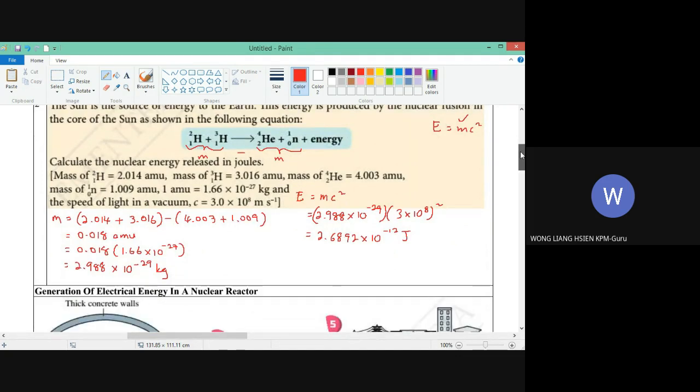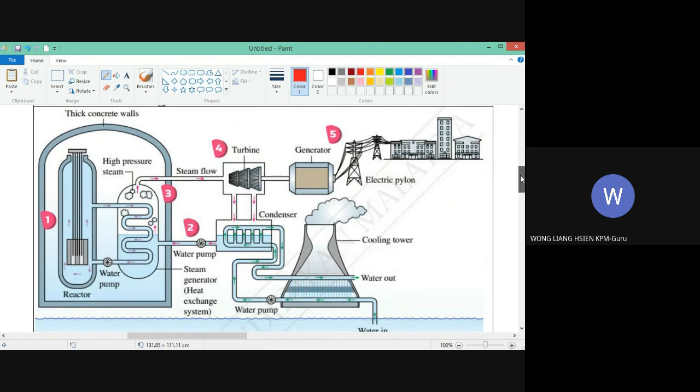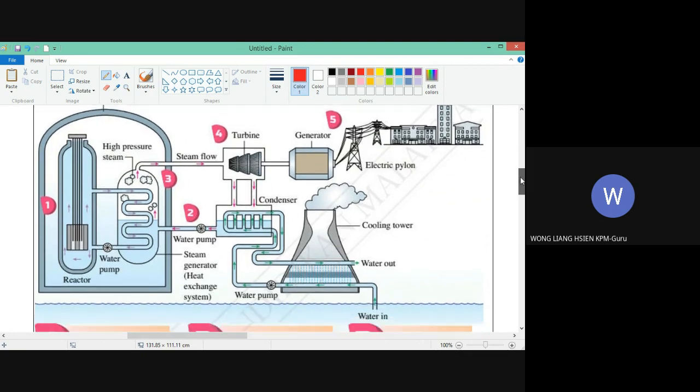Okay. All right. So next, we want to look at generation of electrical energy in the nuclear reactor. The basic concept you already learned in lower form science also, form 3 if I'm not mistaken. So basically, how do we get electrical energy in a nuclear power plant?